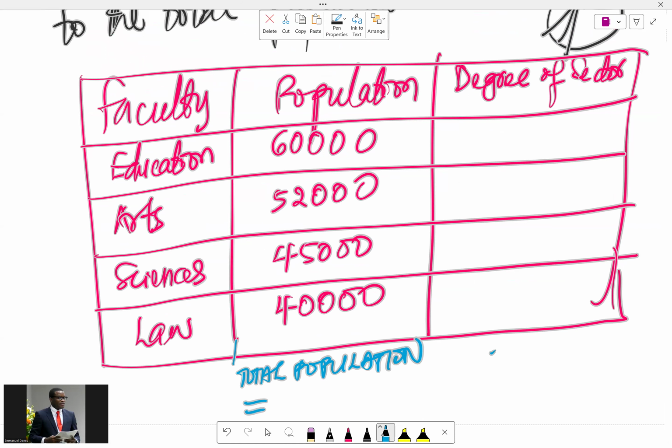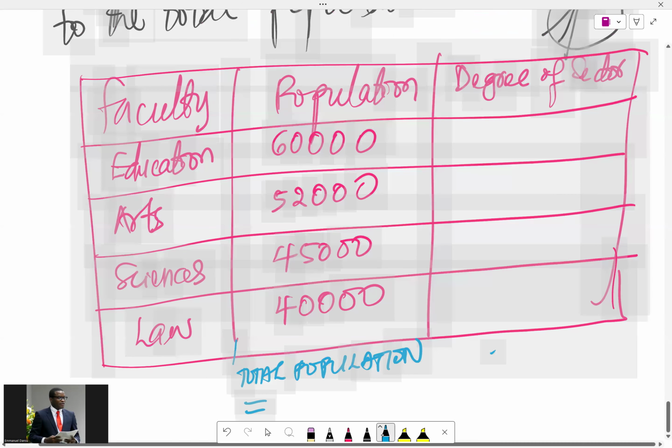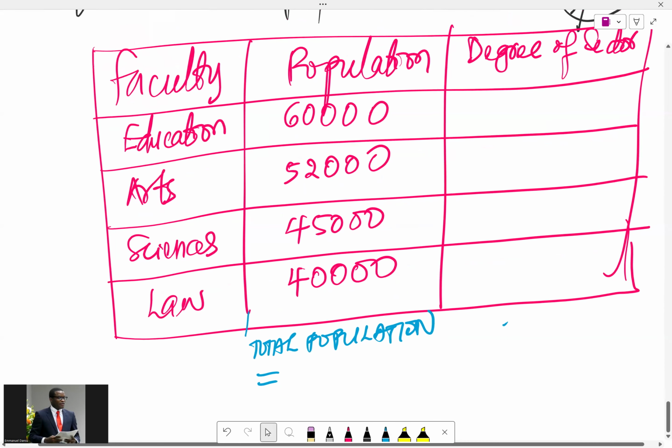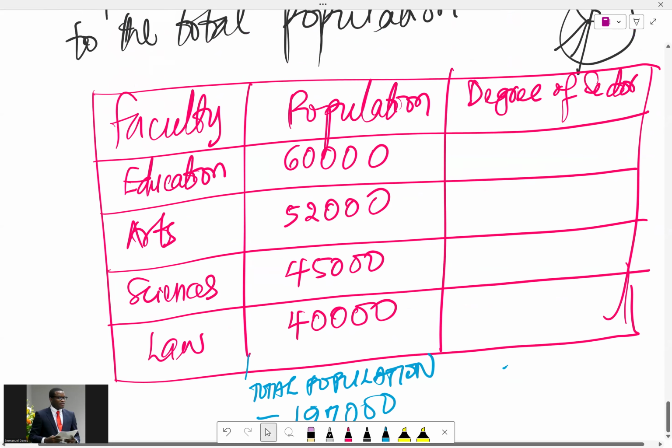So that's 197,000. Or if I do this again, this is 112 plus 45, 157 plus 40, that's 197,000. That's the total population, right? Yeah, I think that works. 197 is the total population.